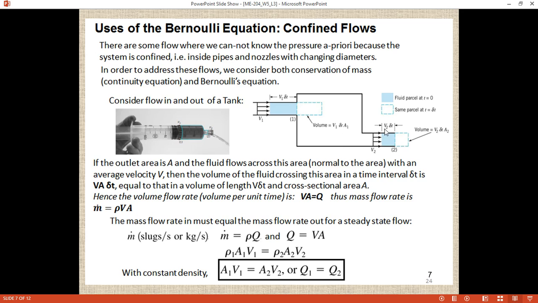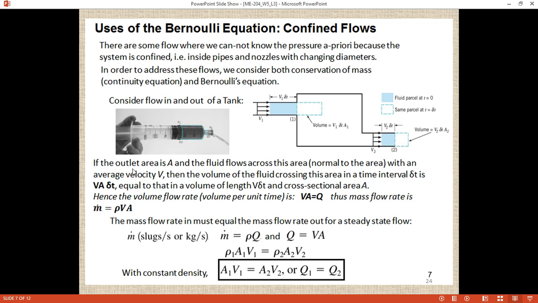So v2 into delta t gives you the distance traveled, and the cross section area is A2. The area multiplied by the distance gives you the volume.